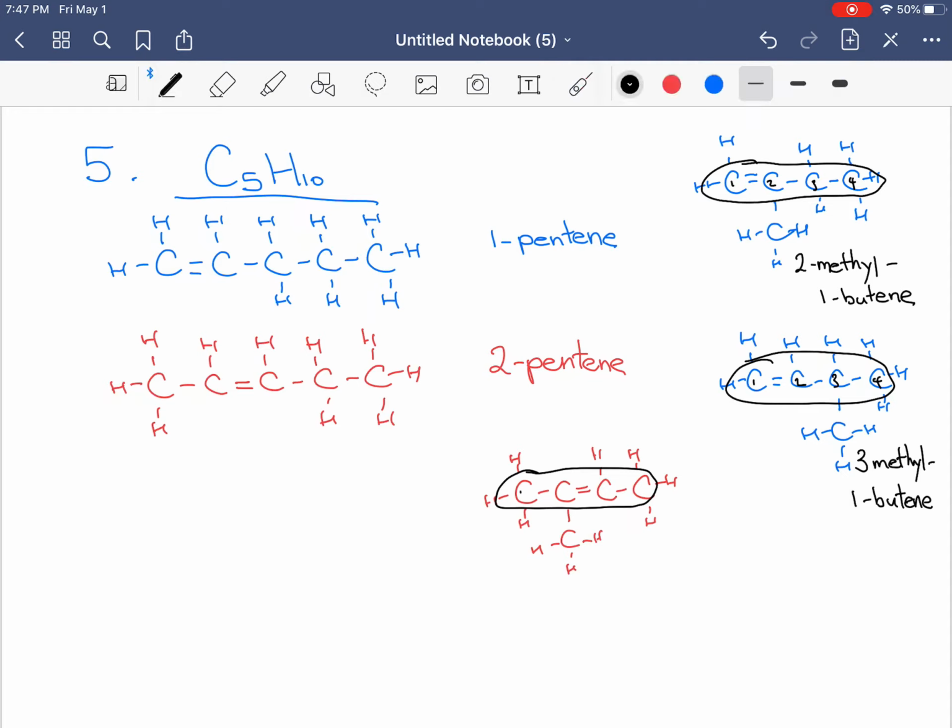Well, I'm sure you guys know 2 is better than 3, right? So in this case, this is called 2-methyl-2-butene.